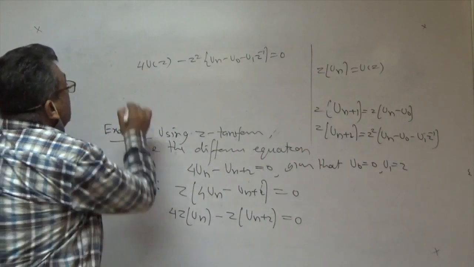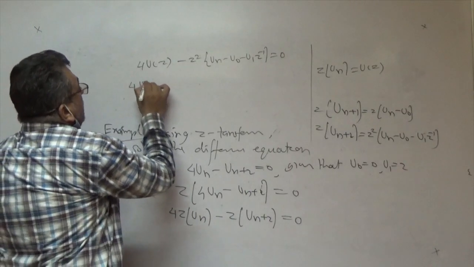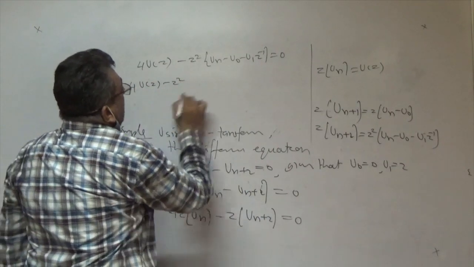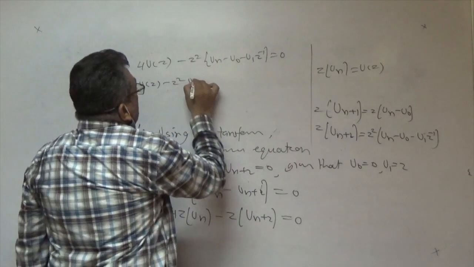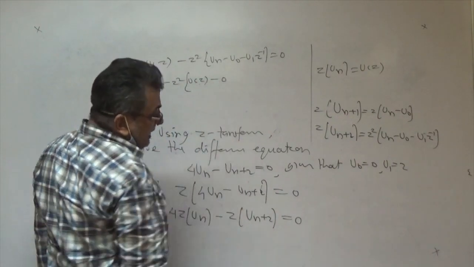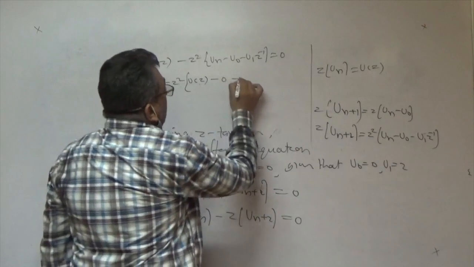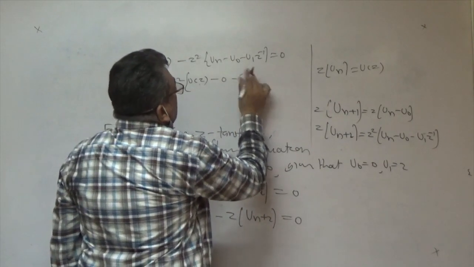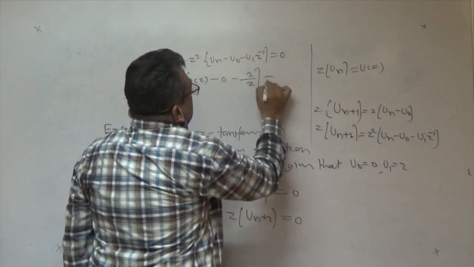Here U(z) is the Z transform of u_n, u_0 is the given condition, that is 0, and u_1 is 2, with z to the power minus 1 meaning 2 upon z.